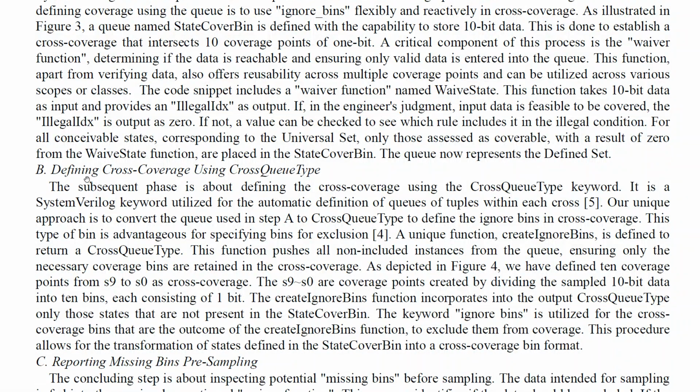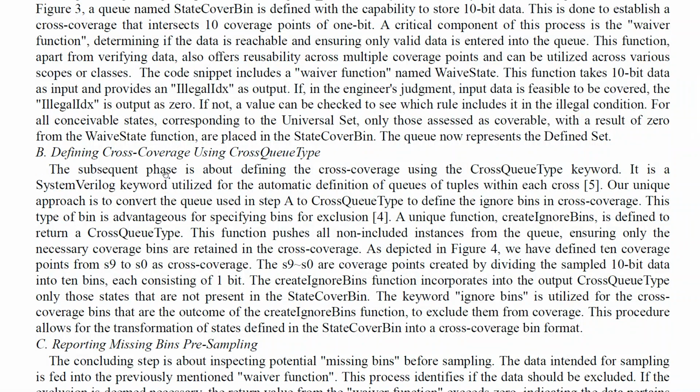Section B, define a cross coverage using cross Q type. The subsequent phase is about defining cross coverage using the cross Q type keyword. It is a SystemVerilog keyword utilizing the automatic definition of the queues of the tuples within each cross. Our unique approach is to convert the queue used in step A to cross queue type to define the ignore bins in cross coverage.